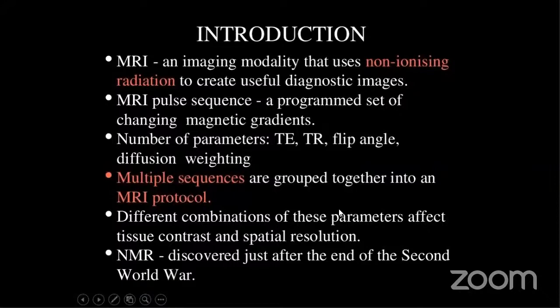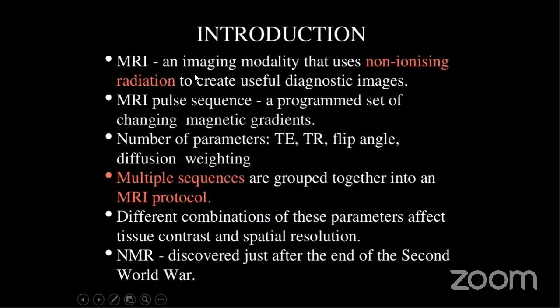So, introduction. What do we know about MRI? MRI is, as of now, the most sensitive modality for most of the intracranial or CNS pathologies, brain and spinal cord included. With 3 Tesla MRI and extensive advancement, whole body imaging has become possible with MRI with very good specificity and sensitivity.